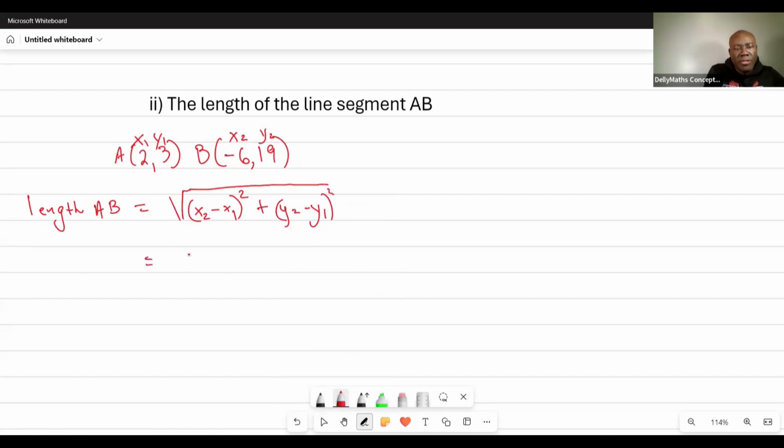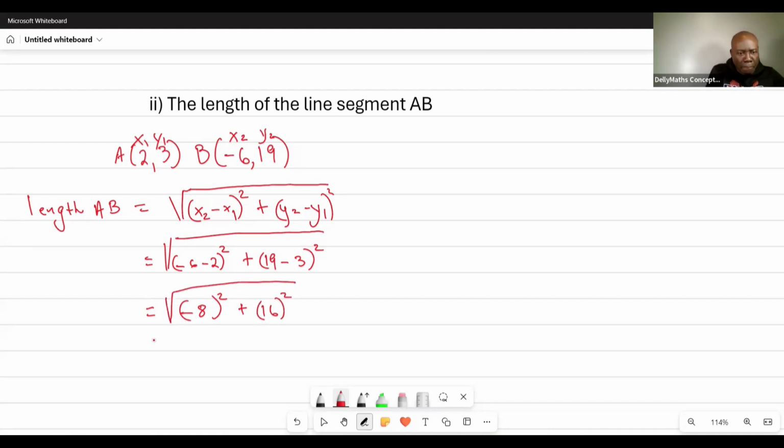So all we're going to do is substitute. x2 is -6. We're going to take away x1, which is 2, and square this, plus y2, that's 19, minus y1, that's 3, and square this, and then take the square root of the whole thing. So going forward, this is going to be -8 squared, 19 minus 3 is 16 squared, and we're taking the square root.